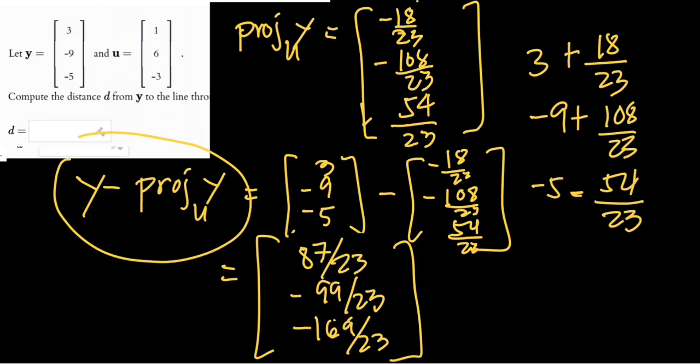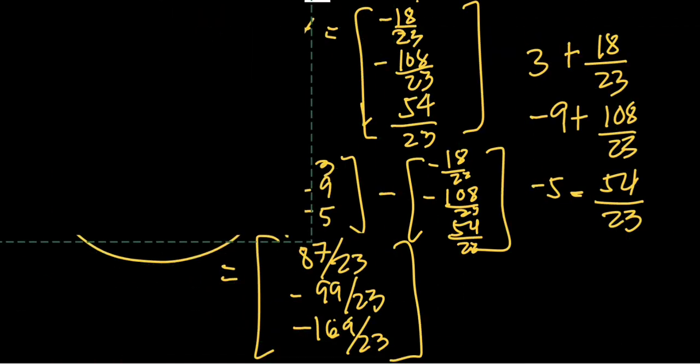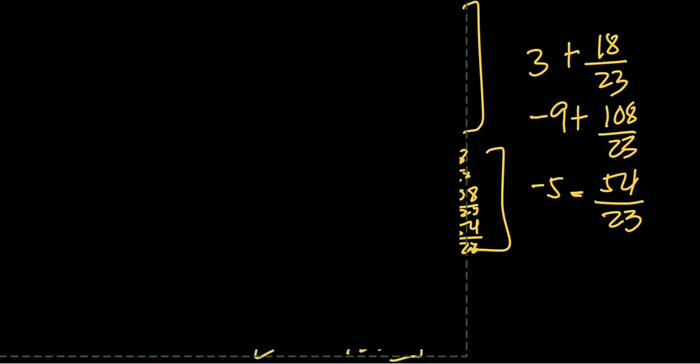We are asked to compute the distance d, so we subtract y minus, and we get the distance for that. Be sure you remember all of those: 87, negative 99, negative 169.